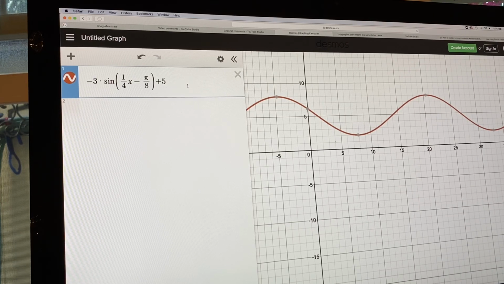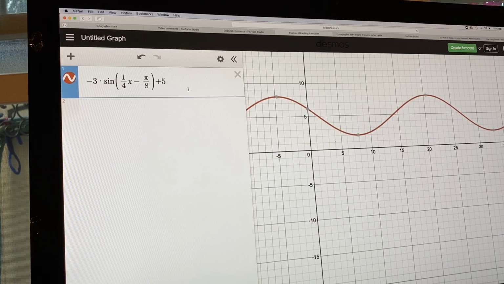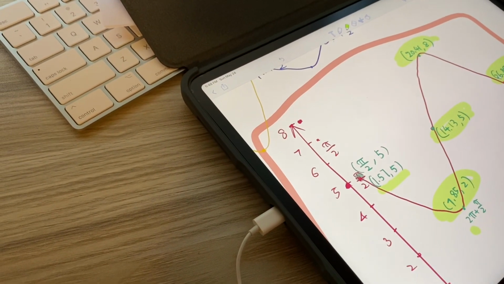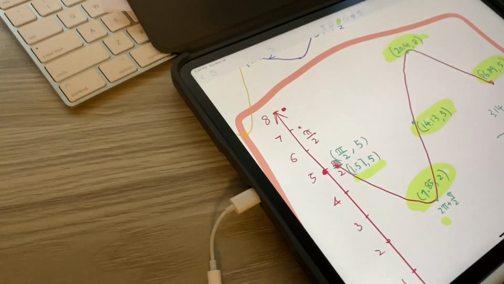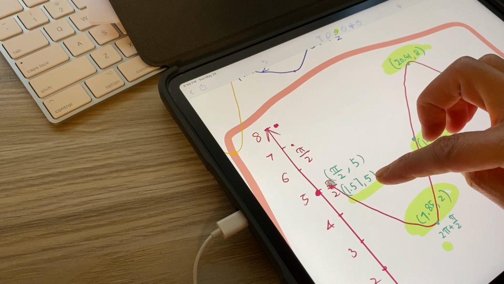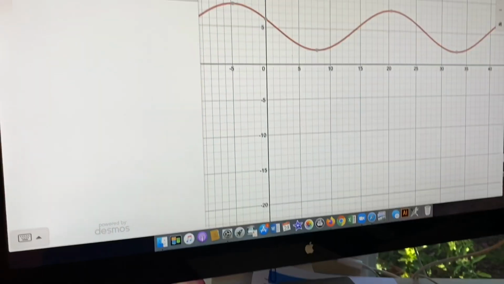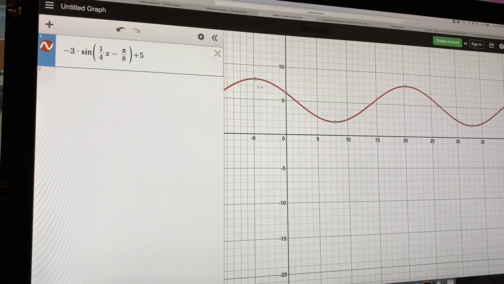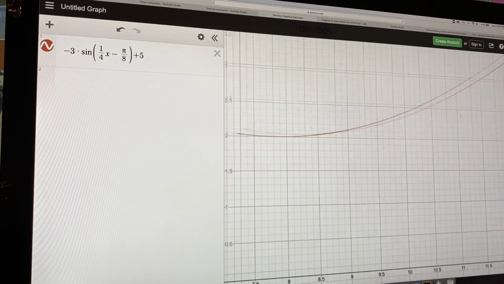So let's look for these points. We have a point 1.57 and 5. Let's go to look on our graph. Y equals 5, expanded.